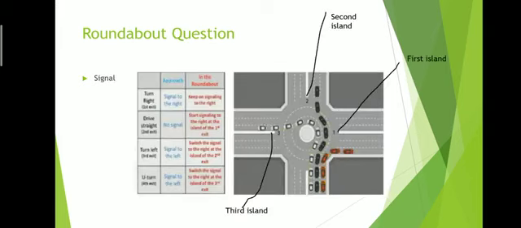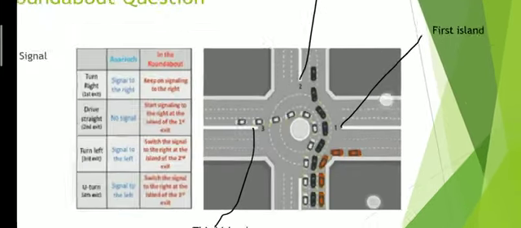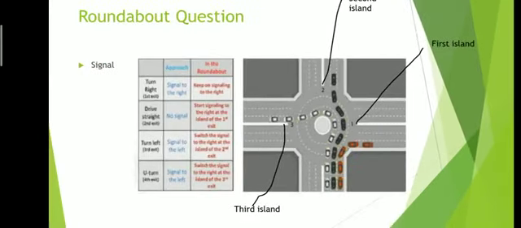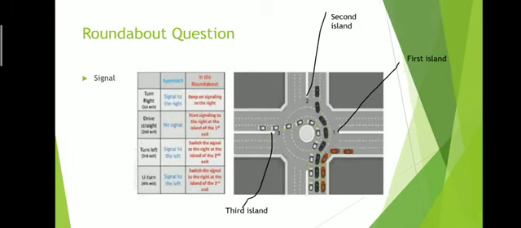Traffic island, they will say which area you will put indicator. So basically same thing: if you are going first exit, right indicator, and you will go off like this, the red car here. But if you are going straight, so as you can see in this figure, the red car wants to go right, it will give a right indicator and it will go out.